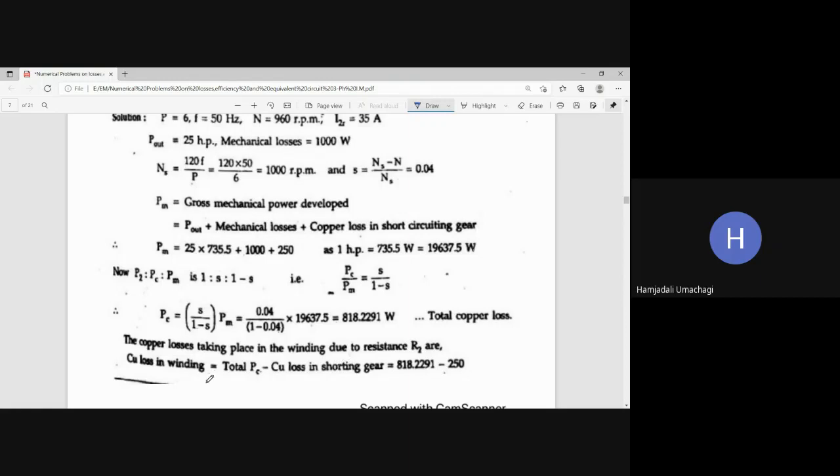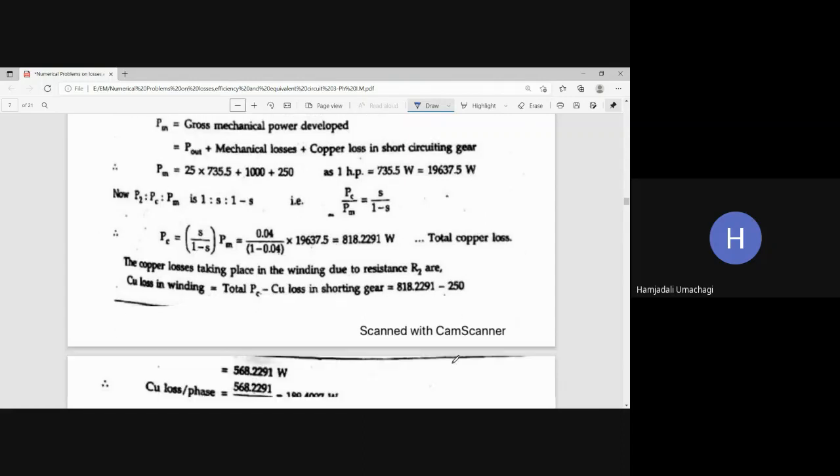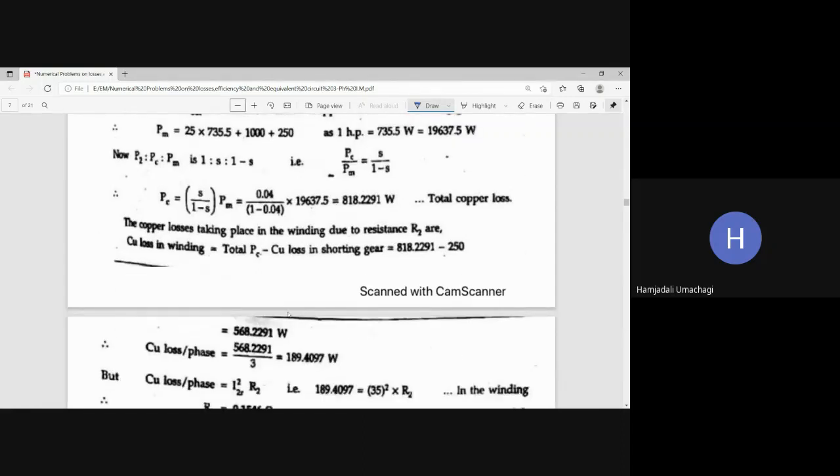Therefore copper loss in the winding is equal to total Pc, 818.2291, which we have calculated just now, minus copper loss in the shorting gear, 250. So with this we'll be getting copper loss in the winding as 568.2291 watts. This is the total copper loss in all the three windings.